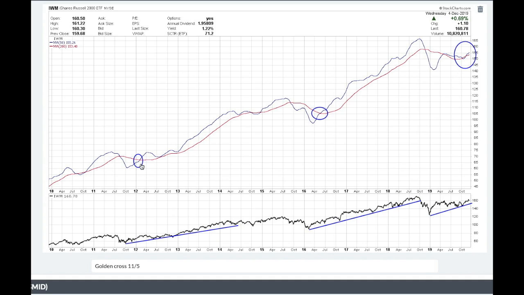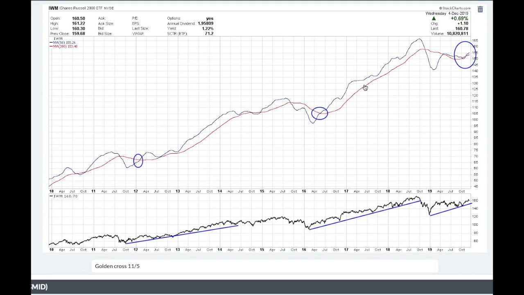And you can go back and look at history here and see, you got the buy signal back in 2012, and this is the index down here, and you got a nice upturn. You got a golden cross here, and there's just a nice rally, a nice move here. So we've gotten the golden cross on the small caps. And, I really hate to say this, but the real opportunity in the market is small companies.